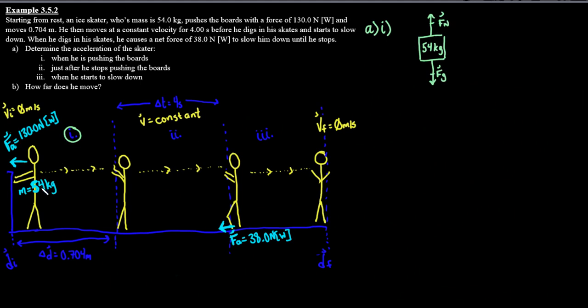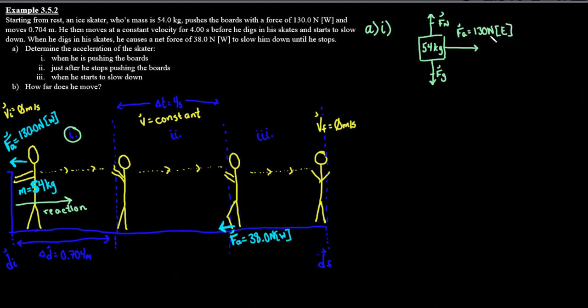Now, he is exerting a force of 130 newtons on the wall. Okay, but remember, we're looking at him as the object. So even though he's exerting this force in this direction, he is going to feel the reaction from that applied force. So he is going to feel the force that he applies onto the wall of 130 newtons, except it is going to push him to the east, right?